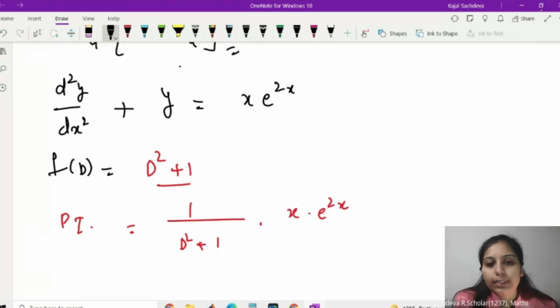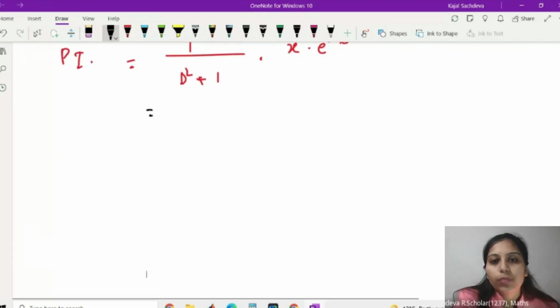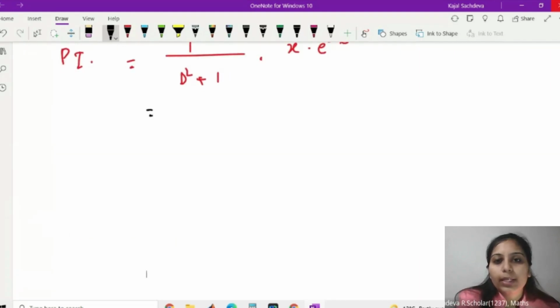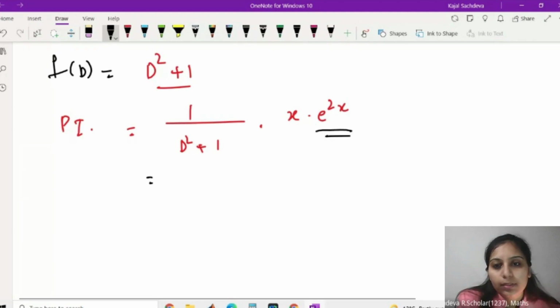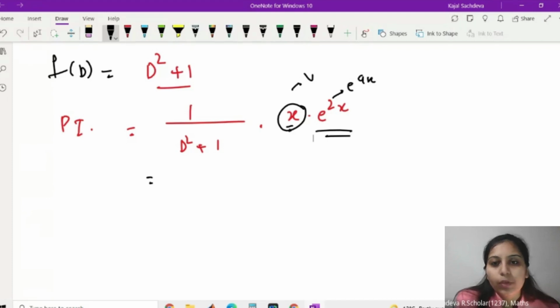Now what you can see here is that this is of the form e^(2x) into x. When we have an equation of this type, e^(ax) into some function of x, say V, what we do is take out e^(ax) and replace D by D + a.